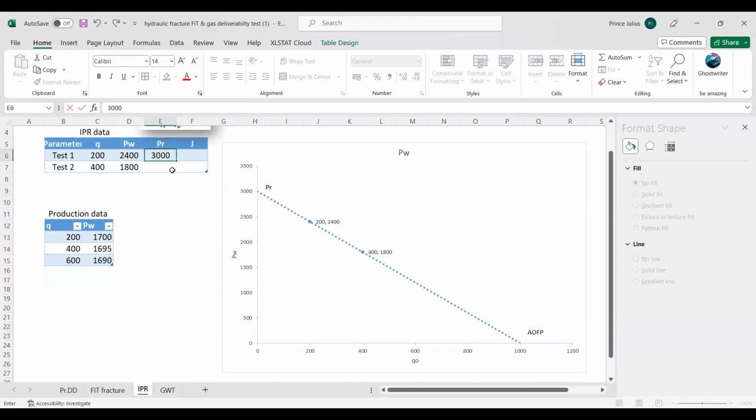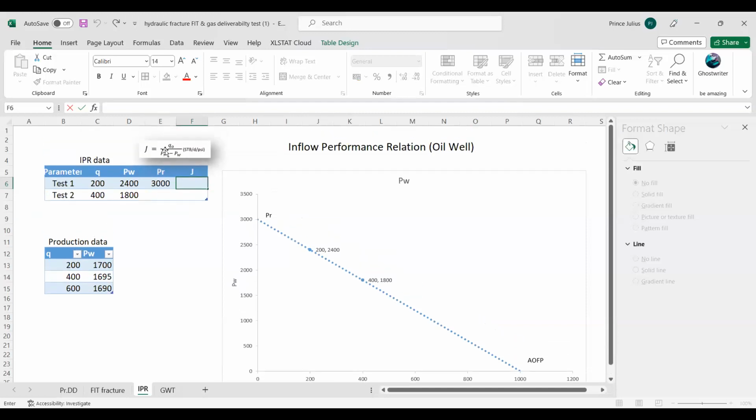From these values, we can estimate the productivity index. And we know, as I already told you in the presentation, that theoretically AOFP is J into PR. So how to estimate the value of J? This is the formula: Qo by PR minus PW. Let us estimate the value of Qo by PR minus PW. That means I'm estimating the productivity index.